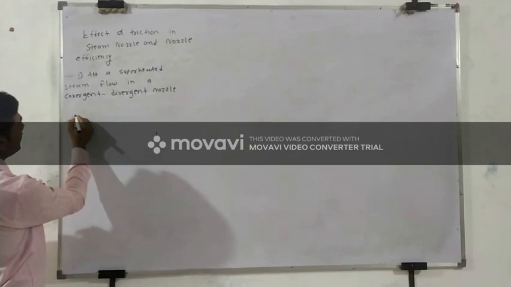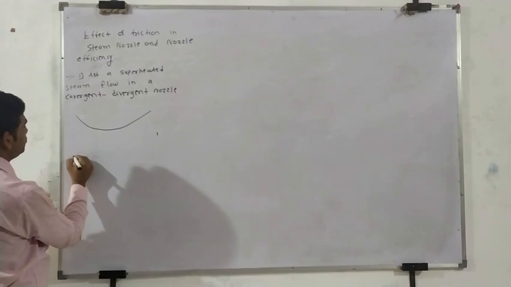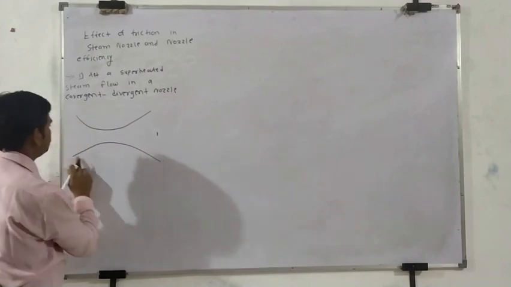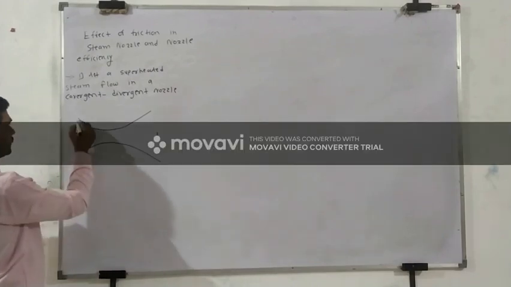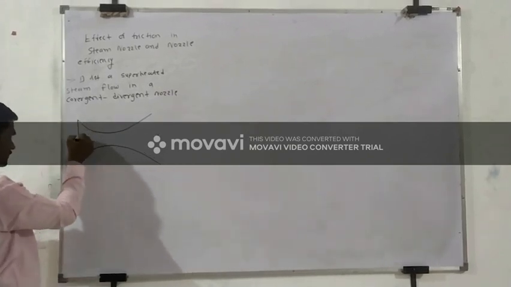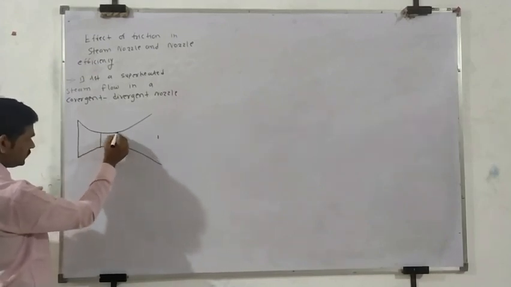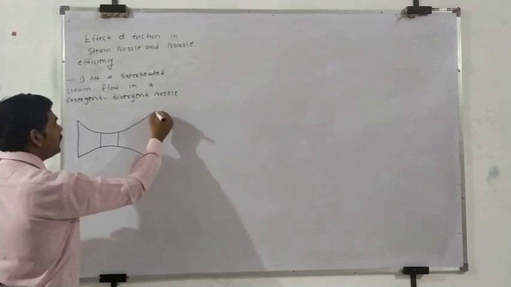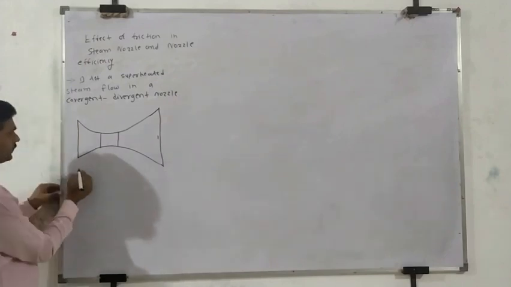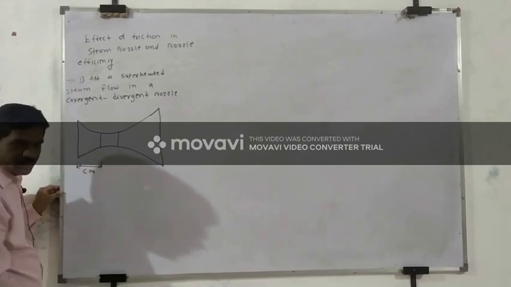So this is the convergent section of the nozzle. This is the throat. Let's suppose this is the throat section, and this one is the divergent portion of the nozzle, right? This is the convergent nozzle. Okay.